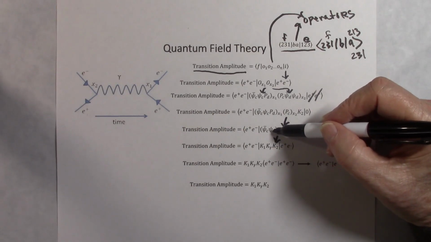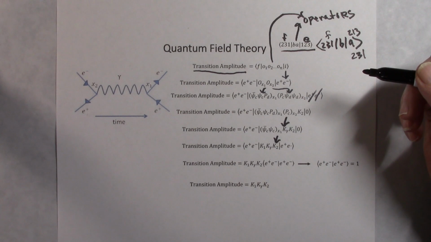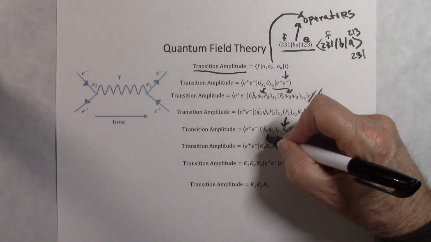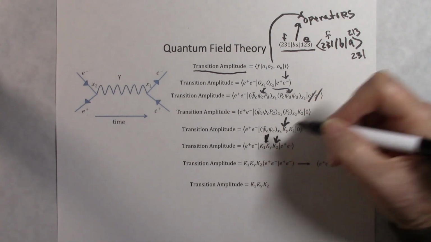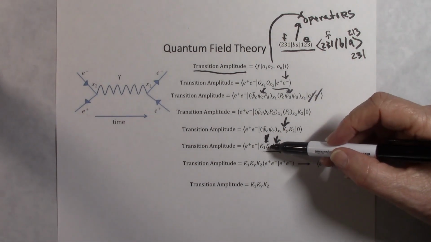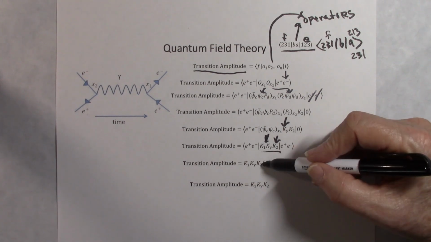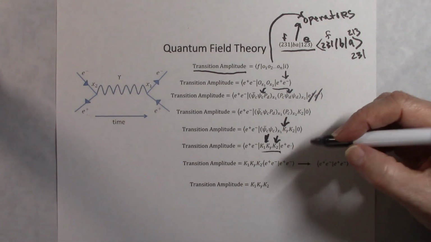These two creation operators create an electron and a positron. They are replaced by this K1 here, and these are all numbers. We can factor these numbers out of the bracket, and the transition amplitude just comes out to be these three numbers, whatever they turn out to be.